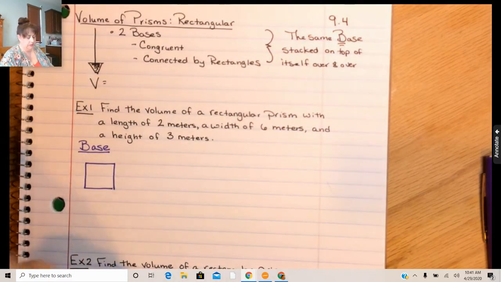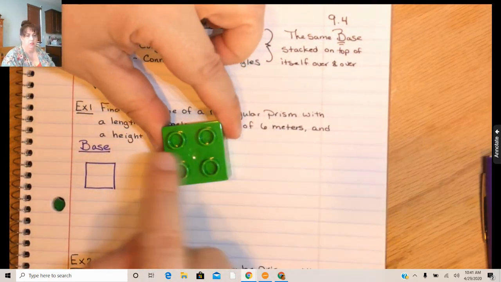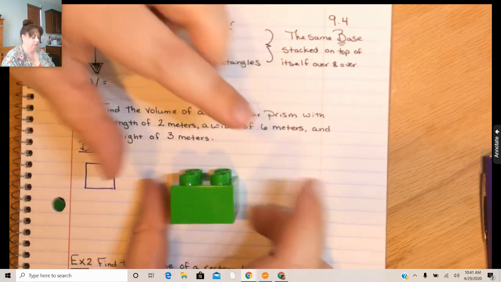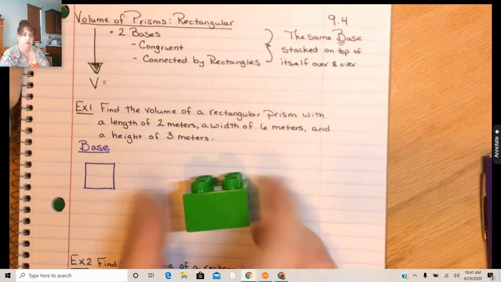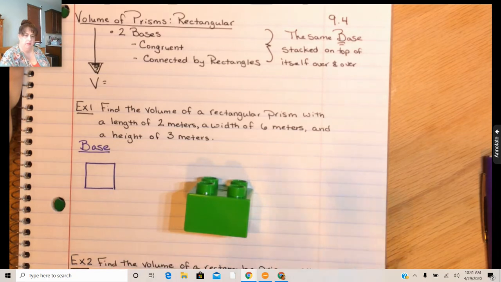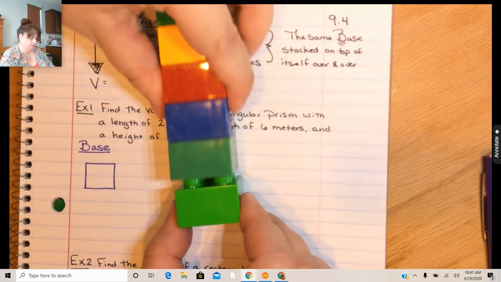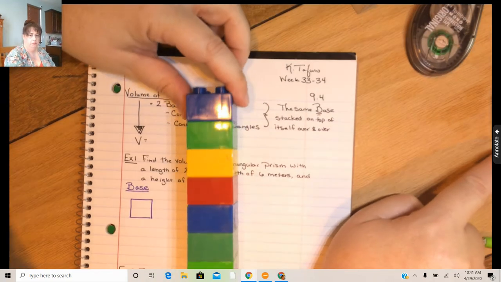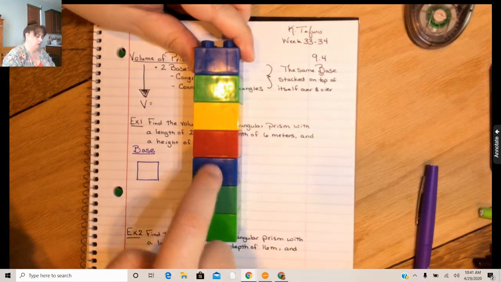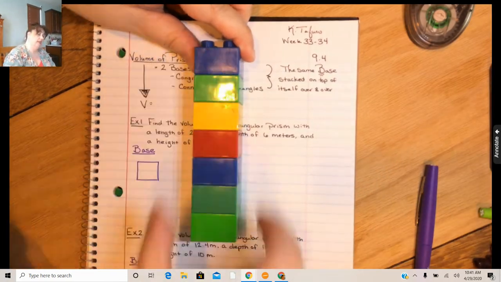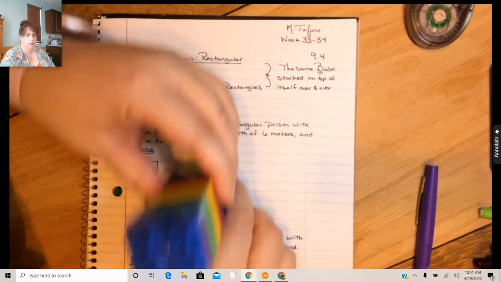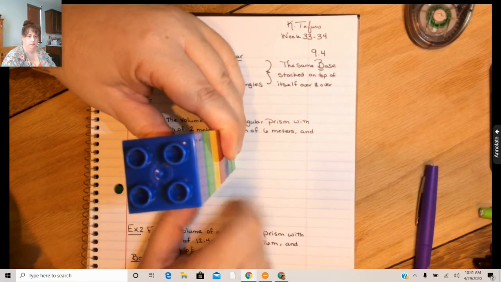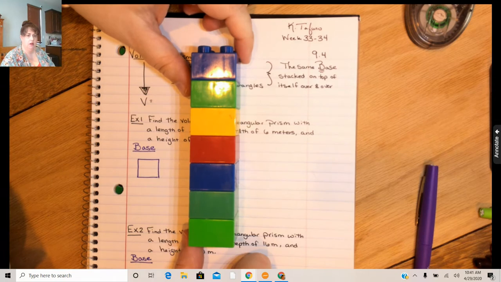So let's look at this one. There's 4 knobs. So the volume of this would be 4 if I just gave you 1. Now I give you 1, 2, 3, 4, 5, 6, 7. So it was 4, but now it's 7 tall.